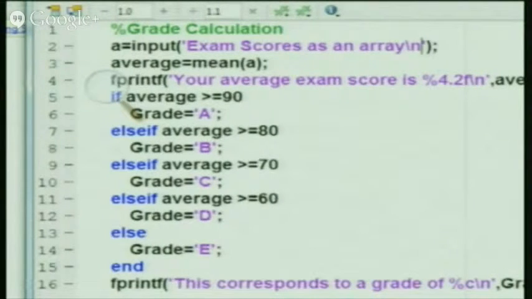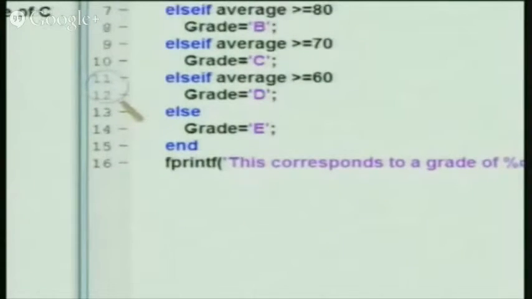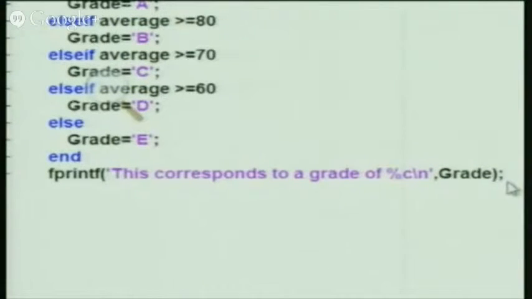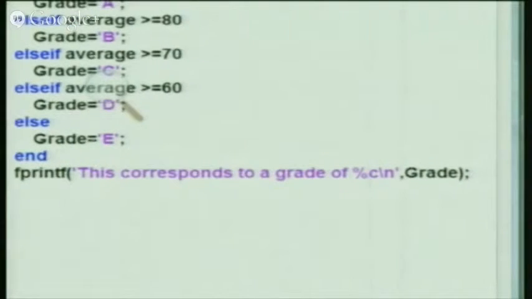Now I have to show the result, calculate the grade. So fprintf, this corresponds to a grade of A, B, C. A character has to be typed, so the format is %c, and a comma and then grade, the grade that was calculated in the lines above will be shown here.